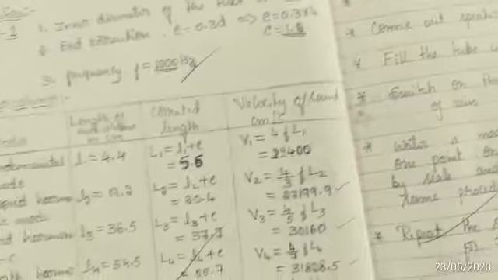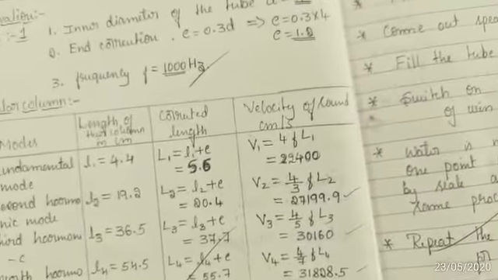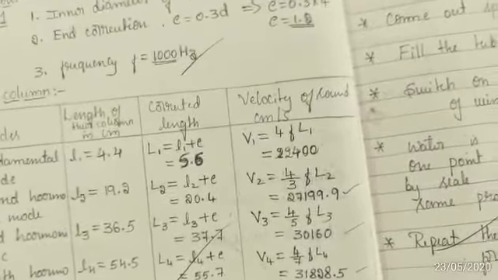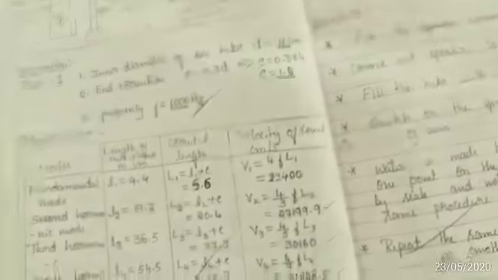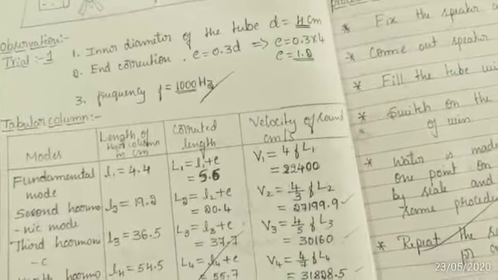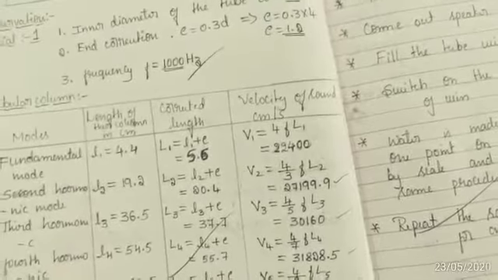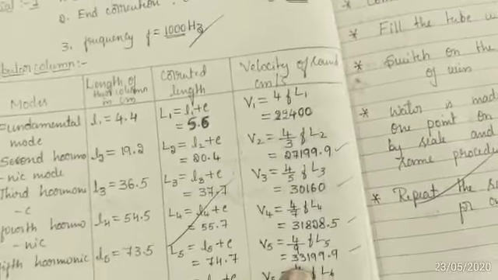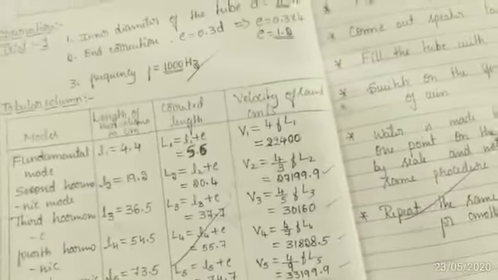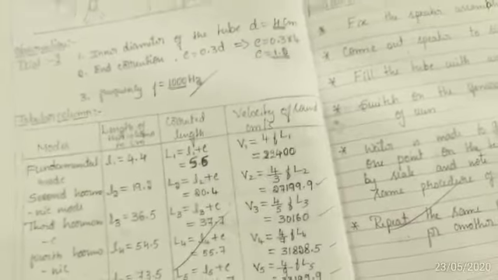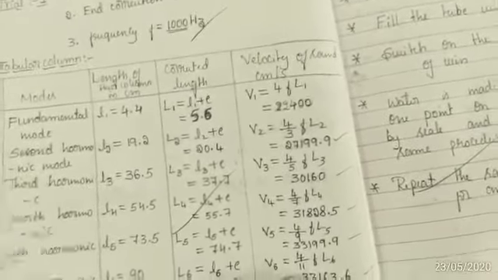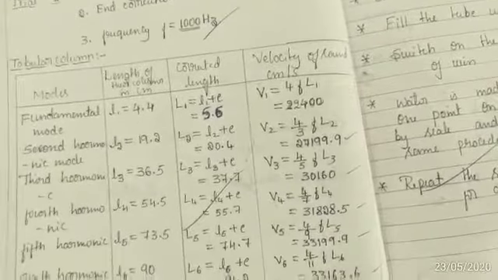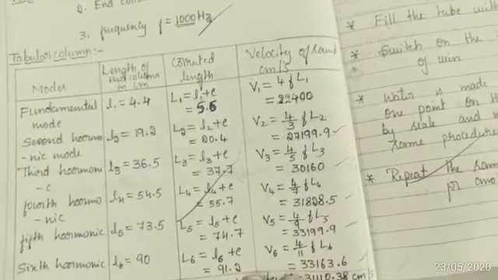Similarly, V3 is equal to 30,160. V4 is equal to 31,828.5. V5 is equal to 4 by 9 f L5, that is 33,199.9. V6 is equal to 4 by 11 f L6, that is 33,163.6.